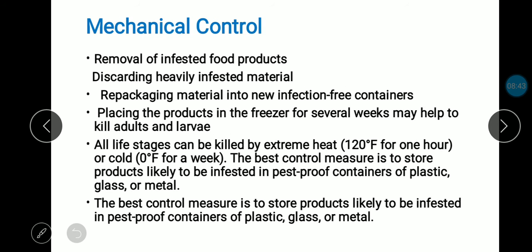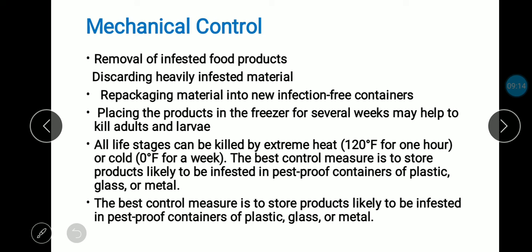The mechanical control of this insect shows a variety of methods. First, removal of the infested food products and discarding heavily infested material. Repackaging material into new infestation-free containers. Placing the products in a freezer for several weeks may help to kill adults and larvae.